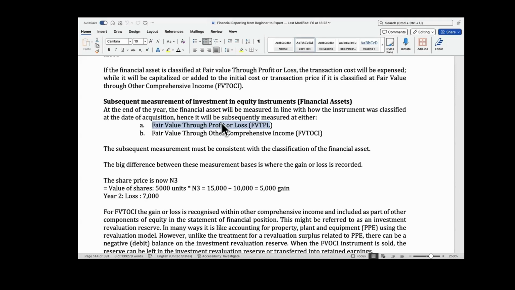So whether you're making a gain or a loss, how do you treat those changes in fair value? That's where the difference between these two lies. If you're measuring at fair value through POL, you take that gain or loss to POL. If you're measuring at fair value through OCI, you take that gain or loss to OCI. I mentioned that, and I'm mentioning it again.